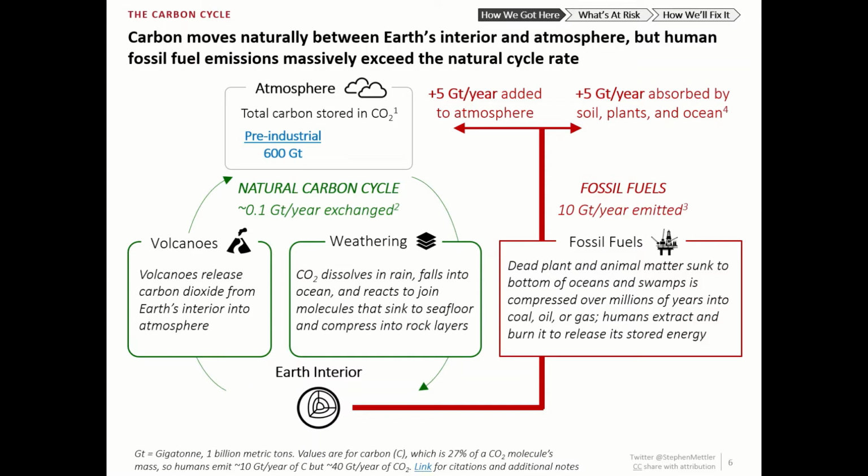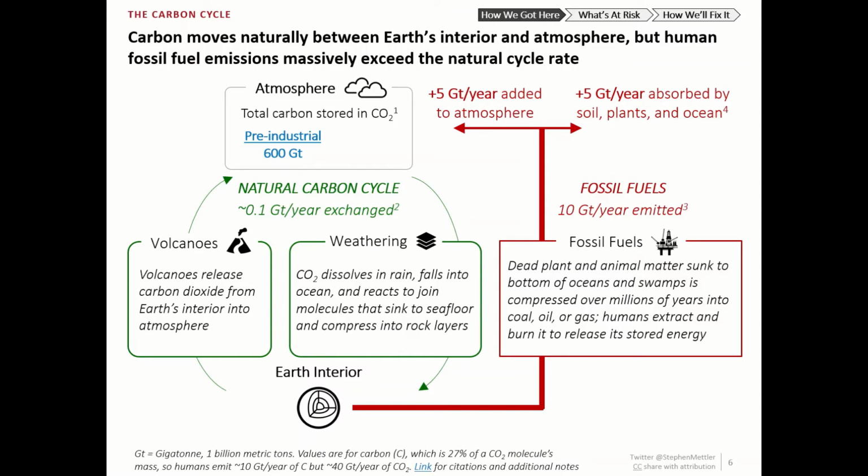Now, when we extract those fuels and burn them, they're really powerful because they contain all of the biological energy that was compressed from those dead plants and animals. The problem is that they also contain all of the carbon that was within those dead plants and animals. So what we're effectively doing by burning fossil fuels is extracting the energy and the carbon from hundreds of millions of years of life on Earth and emitting it all of a sudden over the course of a couple of centuries.